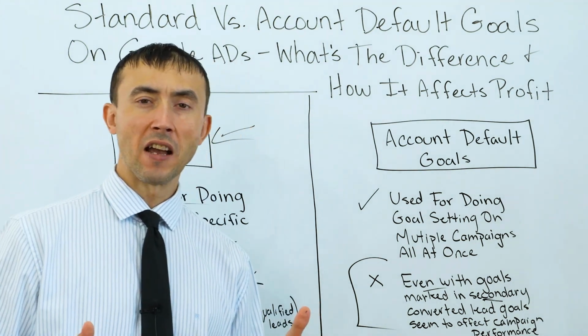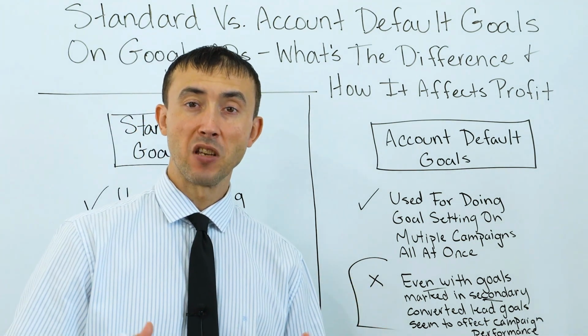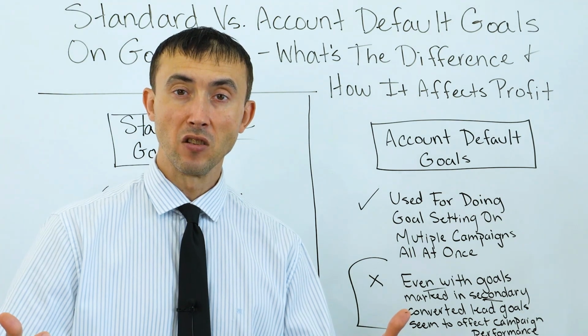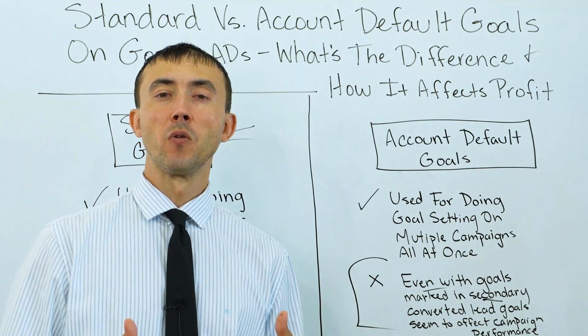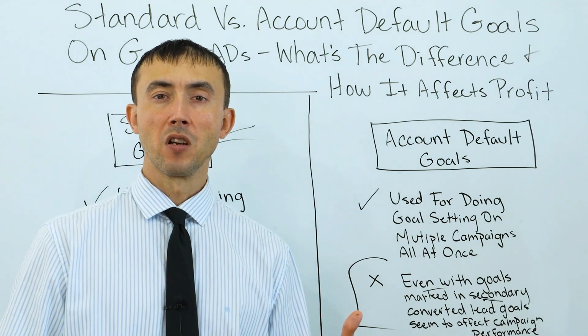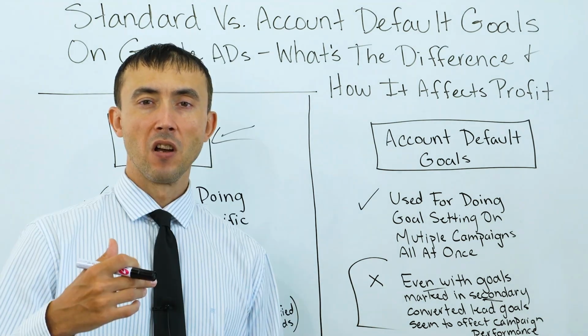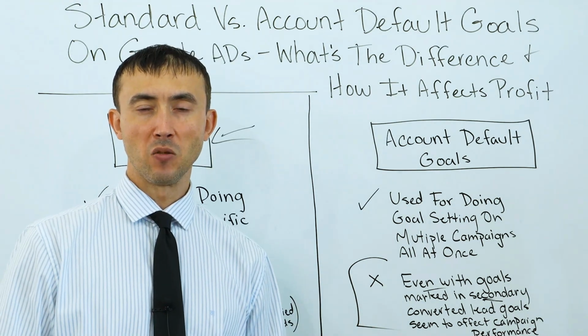You mark goals secondary when you're not ready to use that data because you haven't racked up enough conversion data to use it, or you're using secondary goals for creating custom conversion goals, which I'm going to make a video directly following this as well.